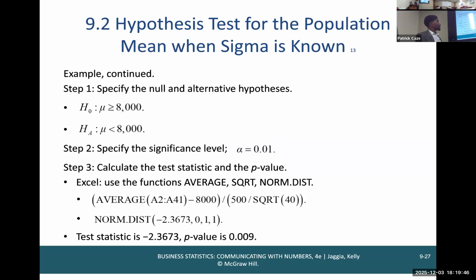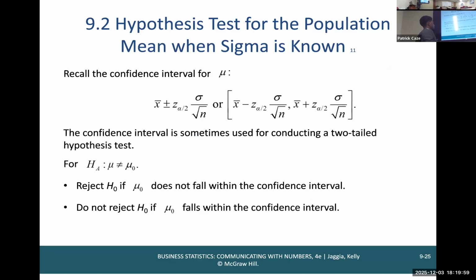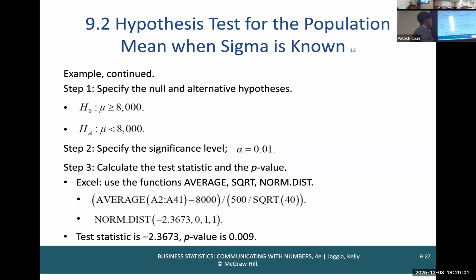All right. Let's see here. Right. Specify the null and alternative hypothesis. So let's go back here. The researchers believe that the average net worth of millennials is less than 8,000, right? Okay, so that is our alternative hypothesis. The researcher believes that the mean is less than 8,000, right?